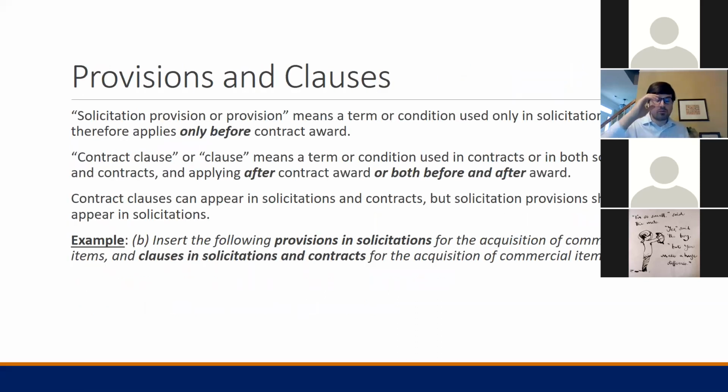So this goes back to the provisions and clauses piece that I touched on earlier. Again, the solicitation is only before the contract award. The clause itself is after, or both before and after. That makes it a little bit confusing, because a clause can be included in a solicitation, but a provision should not be included in a contract.